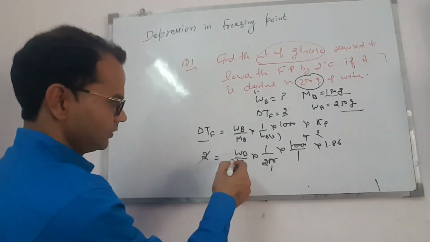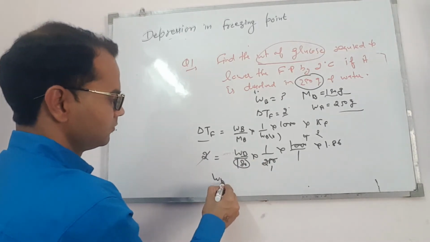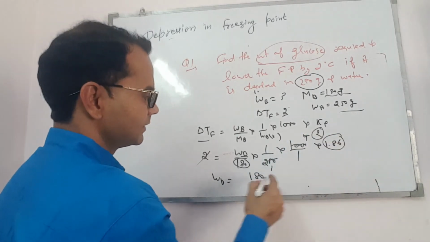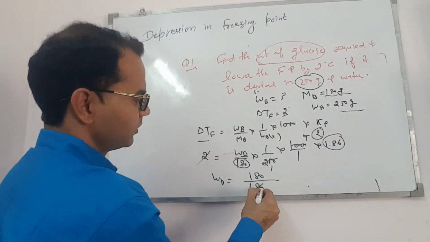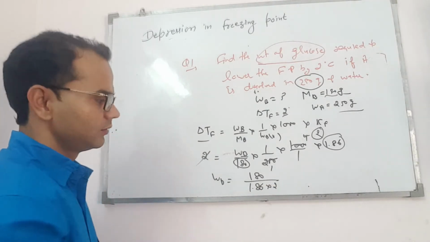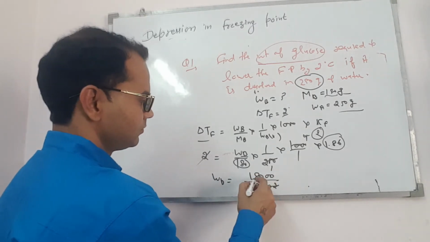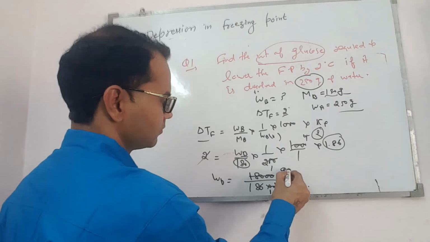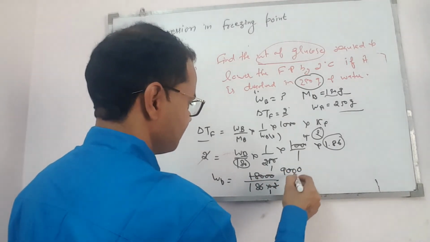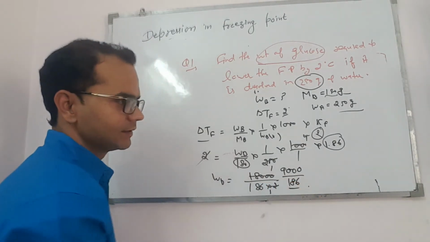So WB will be 180 into 2 divided by 1.86 into 2. Clear? Decimal change. 9,000 by 186.